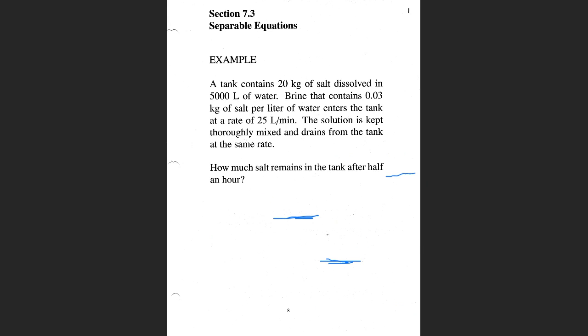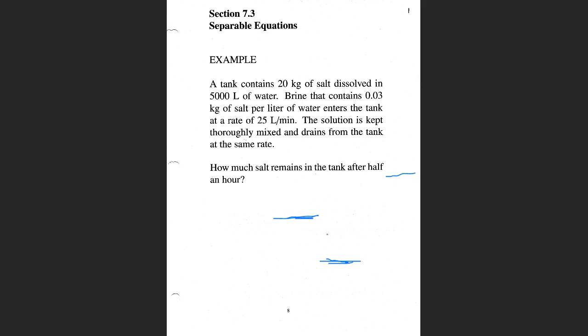So since rate is involved in the problem, what kind of equation do you think we're going to need to come up with here? What type? Rate. What is equivalent for a differential equation? That's right, Jacob. Rates are derivatives. So our equation is going to involve derivatives.